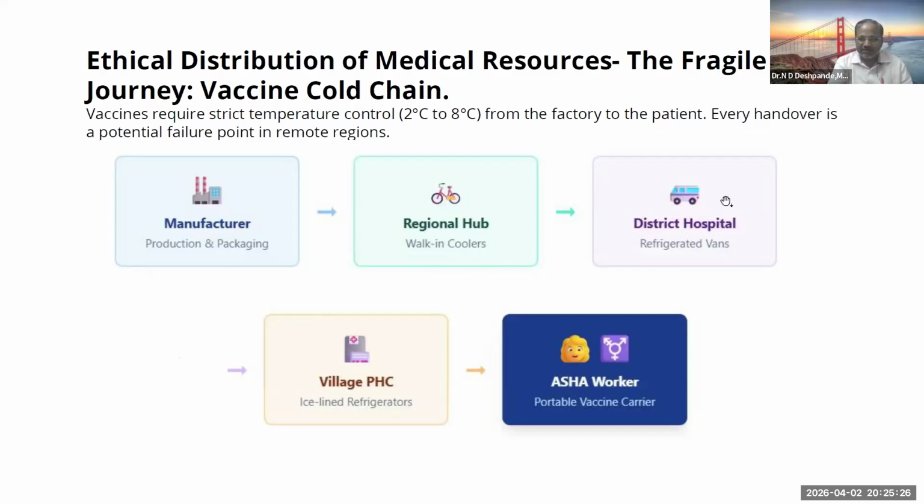The effectiveness of the vaccine doesn't work if it is not kept in refrigerated vans. Then village PHCs, ice-lined refrigerators, and finally the ASHA worker, with the portable vaccine carrier, the one who carries the vaccine to the last user. So vaccines require strict temperature control, 2 to 8 degrees, from the factory to the patient.